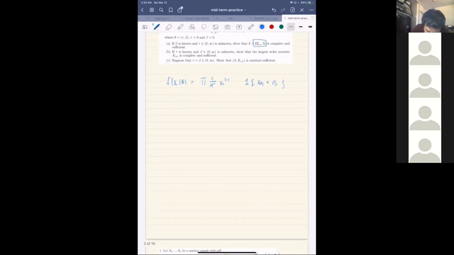And we can do some rearrangement. This is tau n, beta n tau, and an exponential of tau minus 1 times the summation of log xi. And we have an indicator function.